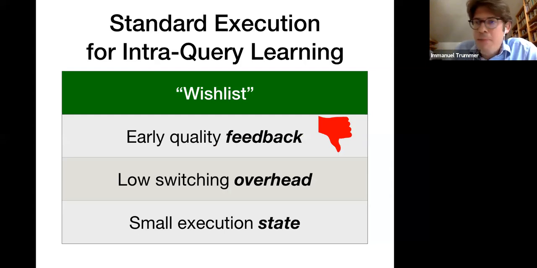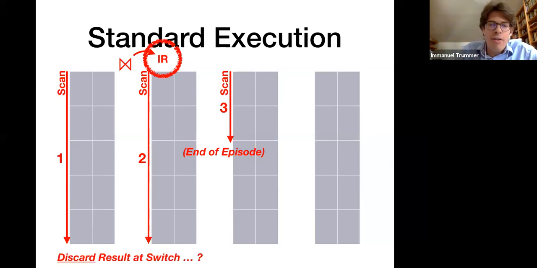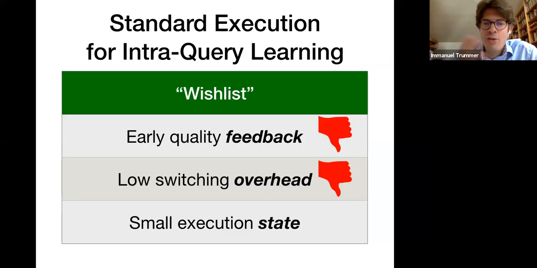Now, another problem is this. Let's say we want to switch from this join order to a different join order, which might actually generate different intermediate results. Now, the question is, what do we do with this intermediate result at the switch? Now, a first possibility is that we discard the result at the switch, but then when selecting the same join order again later, we would have to regenerate it. And also there's some overhead in deleting large results. So overall, we wouldn't have low switching overheads.